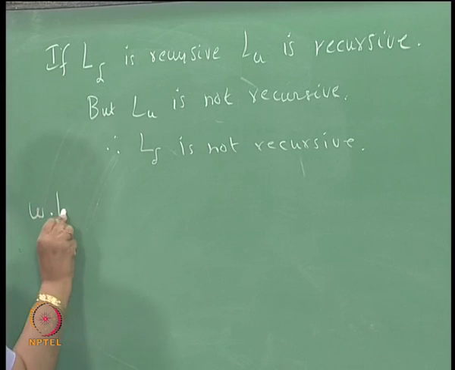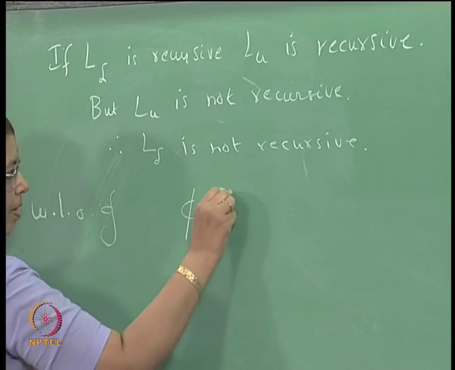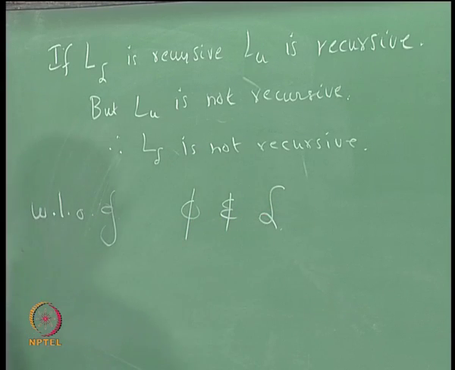Without loss of generality, assume the empty set does not belong to S. Otherwise, you have to take S bar, the complement of that, it does not matter.